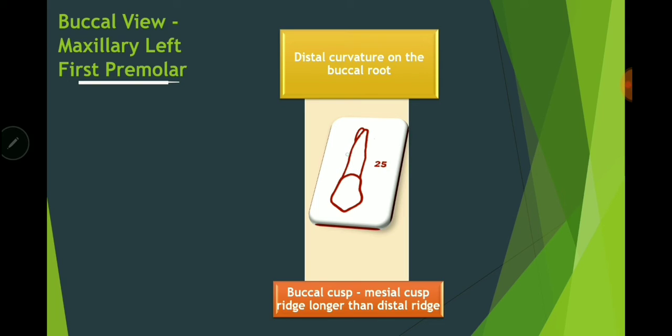So you can see here a distal curvature here. And the mesial cusp ridge of the buccal cusp is longer than the distal cusp ridge, as we mentioned before.